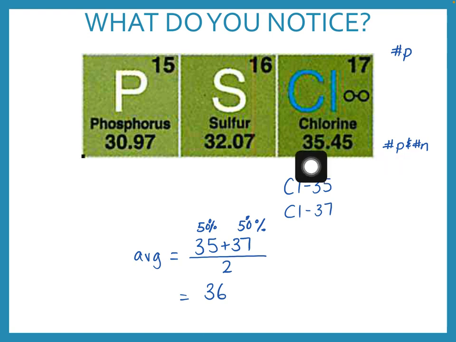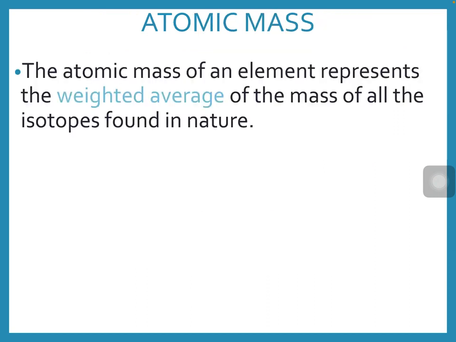But once again, as you can see, that's not the case, which means that we're not going to have an equal weighting. So determining the atomic mass based on the average mass that each different isotope represents means we're going to need to do a weighted average. And we'll take a look at what that looks like.